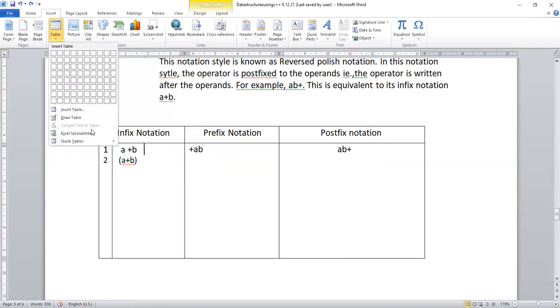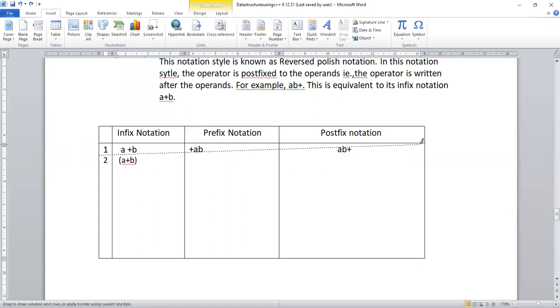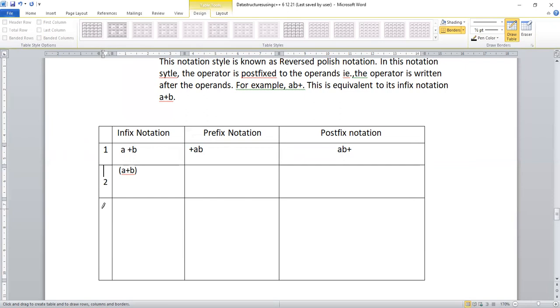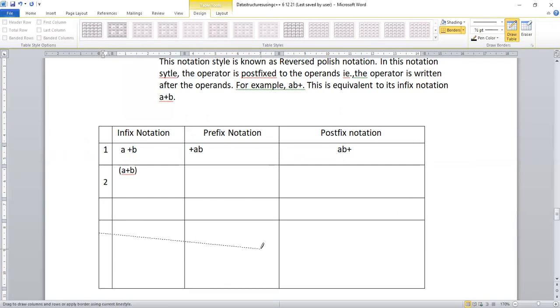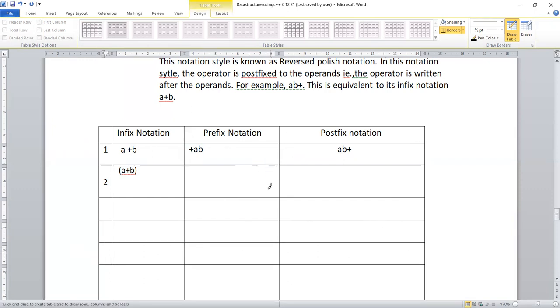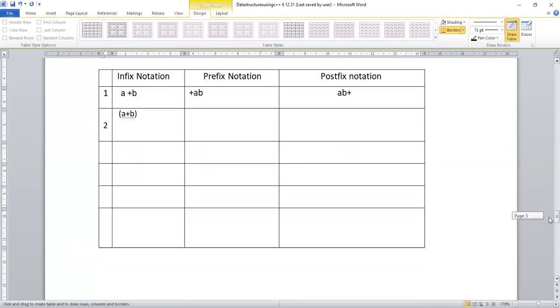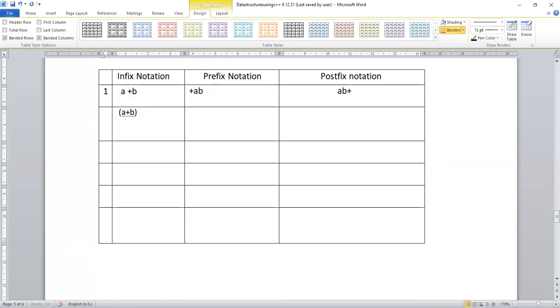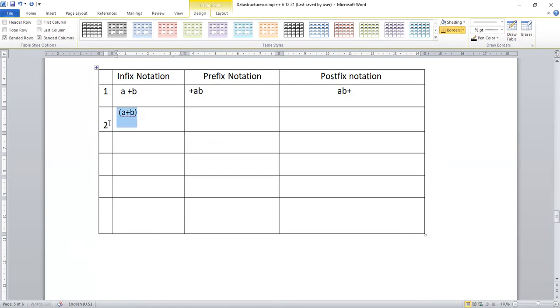Okay, I can write all these things. Okay, the second one: a plus b into c can be written in prefix as into plus abc.